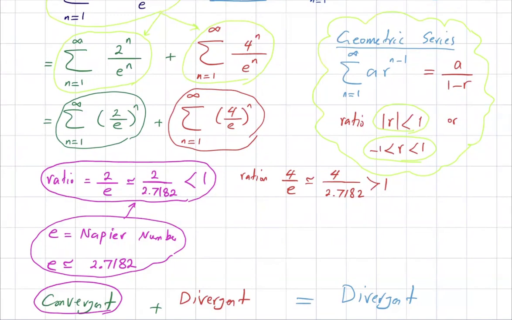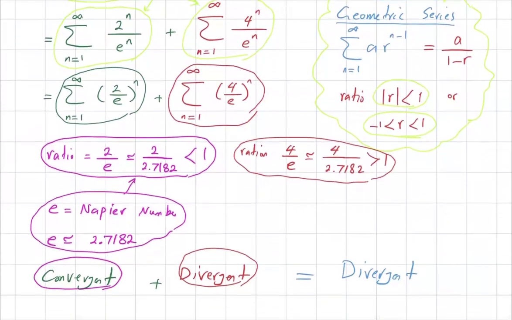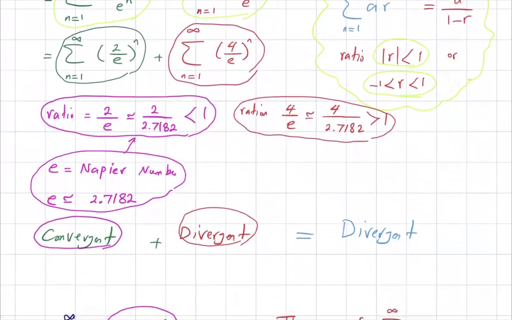The second series has a ratio 4 over e, which is 4 divided by 2.7182, more than 1. So you get a divergent series out of it. The sum of a convergent and a divergent series is always divergent. So here you have a divergent series.